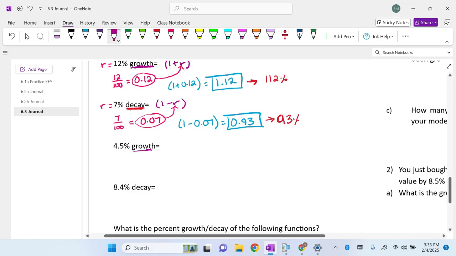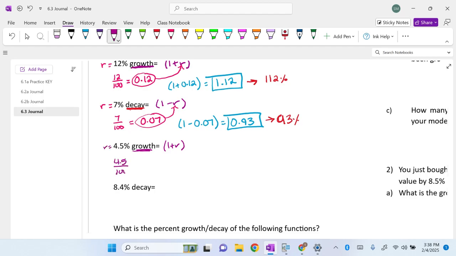So we have our growth. So again, 1 plus r. This is our r value. So I'm going to do 4.5 divided by 100. If you do that in your calculator, it should give you 0.045. Then I'm going to do 1 plus 0.045.